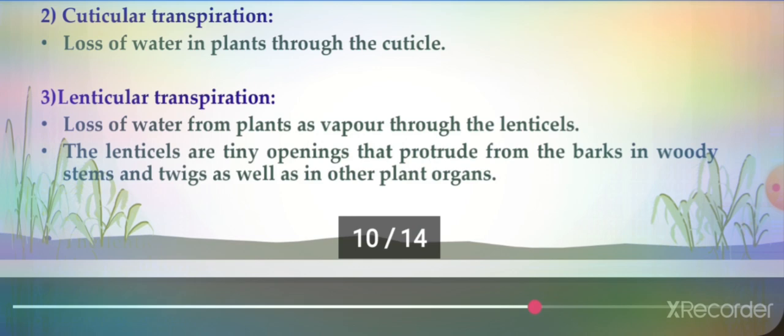There are small openings, mainly in the woody stems, even in the twigs, small branches. Twigs are nothing but small branches. And also it is seen in other plant organs. So through these tiny openings, we call them lenticels, the excess amount of water escapes as water vapor.